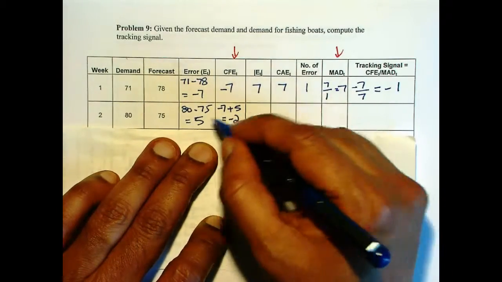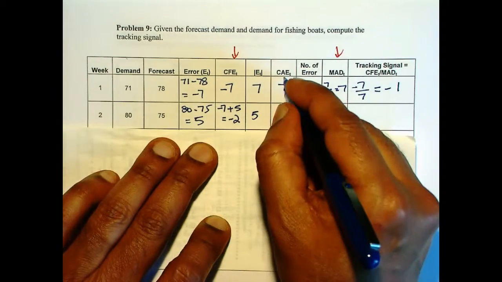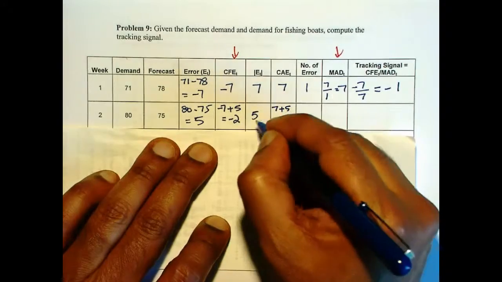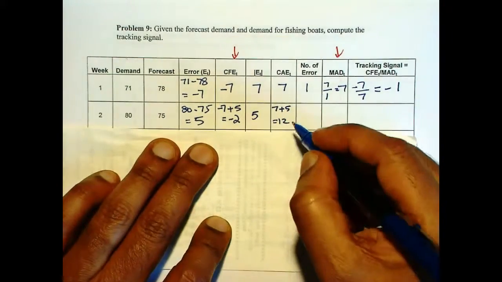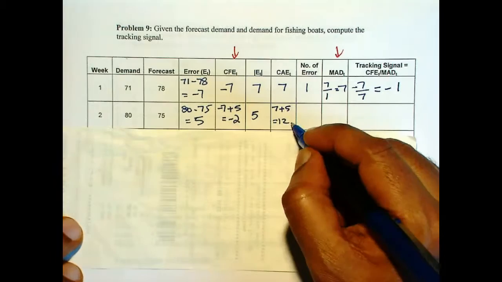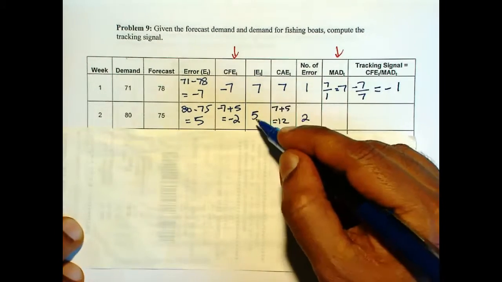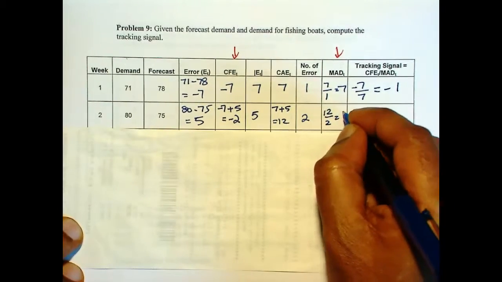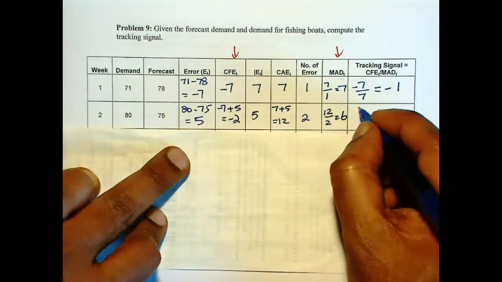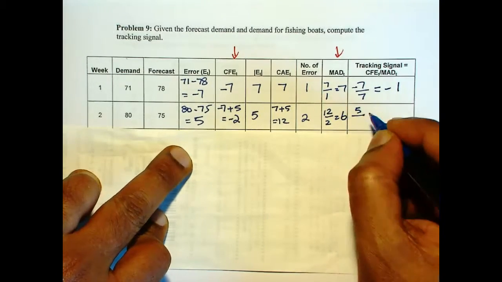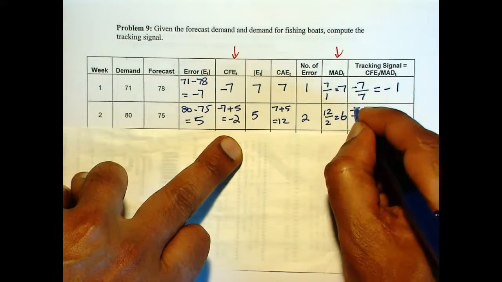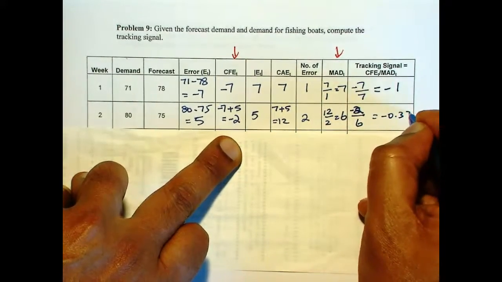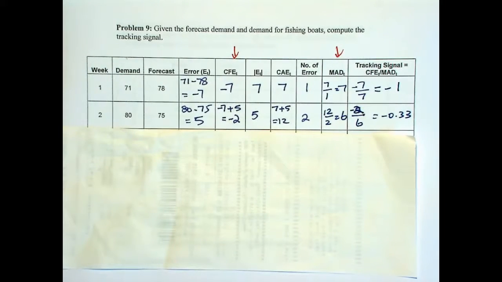Now the absolute error is 5, and for the cumulative absolute error you take the previous cumulative value and add the current one. This time it has two errors in it, the first one and the second one. So the MAD now for week 2 is 6. Now the tracking signal is minus 2 over 6, which is minus 0.33.